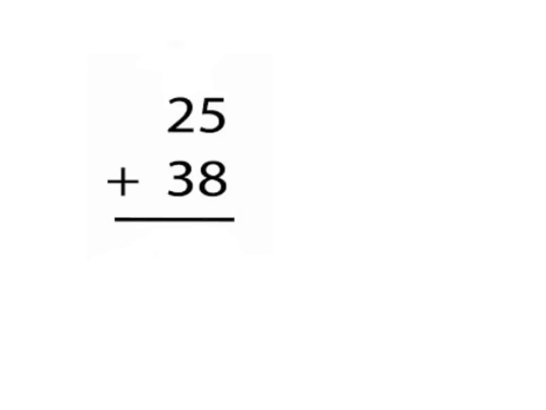When you add numbers, sometimes you need to regroup. When you find your answer to 8 plus 5, I know that 8 plus 5 is 13. I can't put two numbers, 1 and 3, in one place value position.